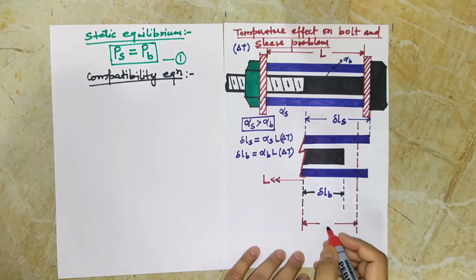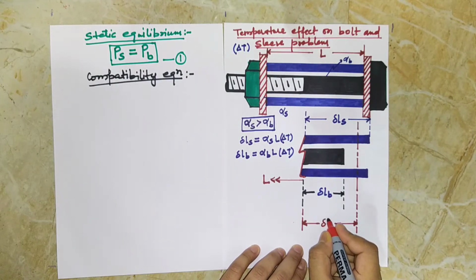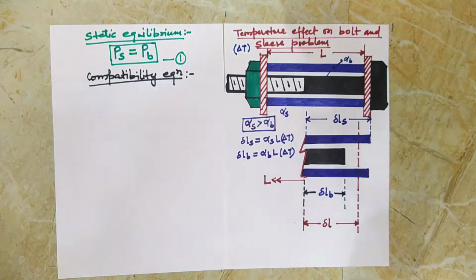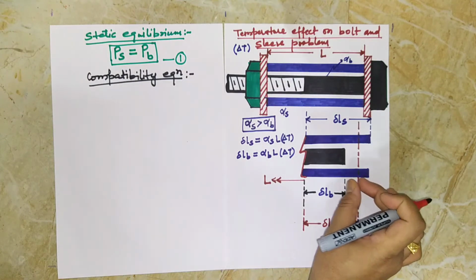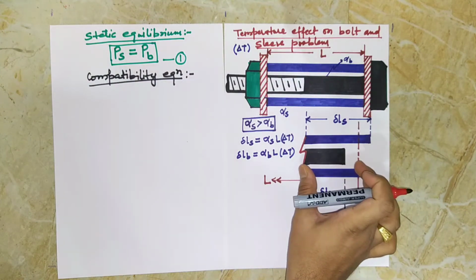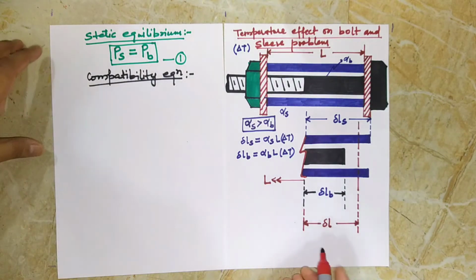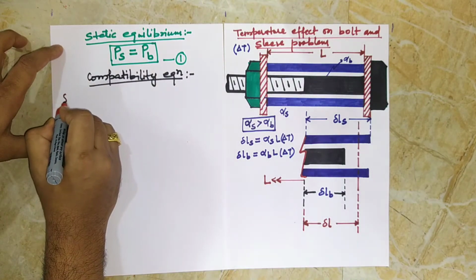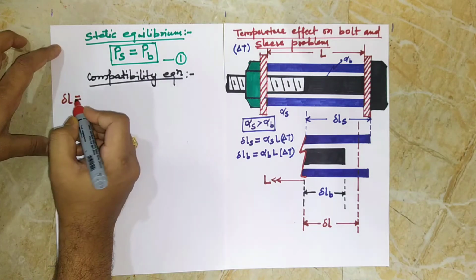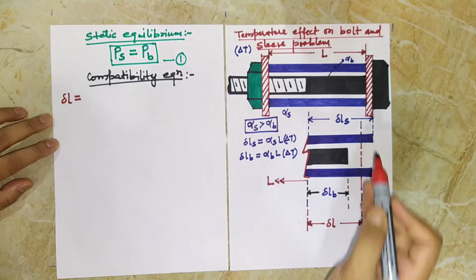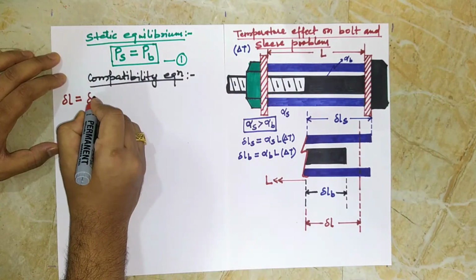Let us suppose this is the final length, wherein the sleeve has to be compressed and the bolt has to be stretched to reach this position. So we equate to del L. Del L will be equal to the change in length of the sleeve, that is del Ls.